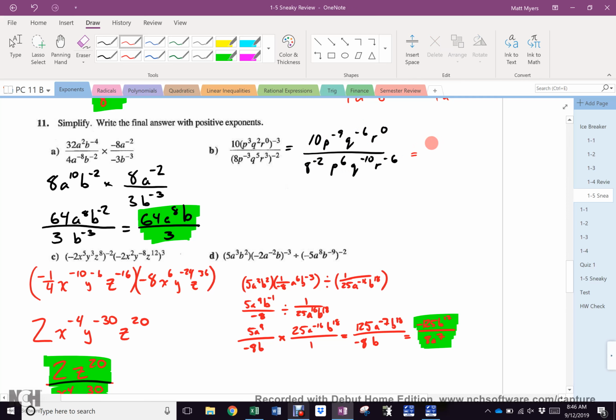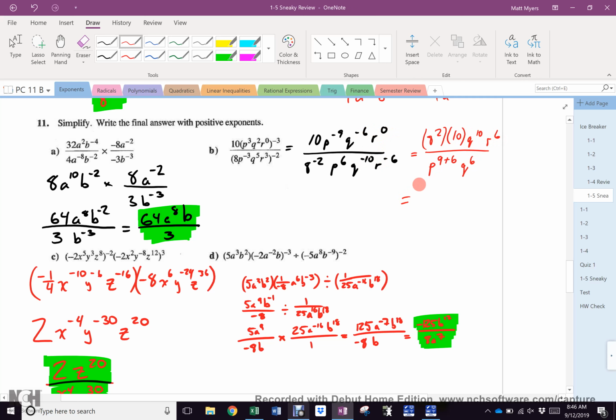So I would get 8 squared would be moving up times 10. P to the negative 9 would be moving down, so I would get P to the 9 plus 6, because I already had 6 down there. Q to the negative 6 would move down, Q to the 6th, Q to the 10th would move up, I'd have Q to the 10th, and R to the negative 6 would move up.